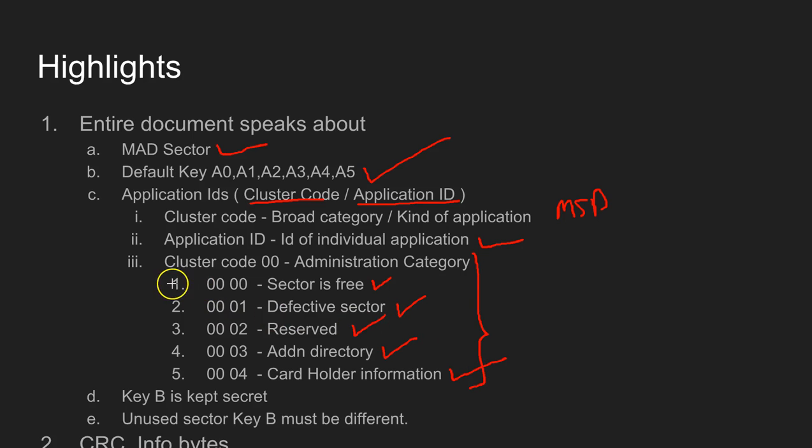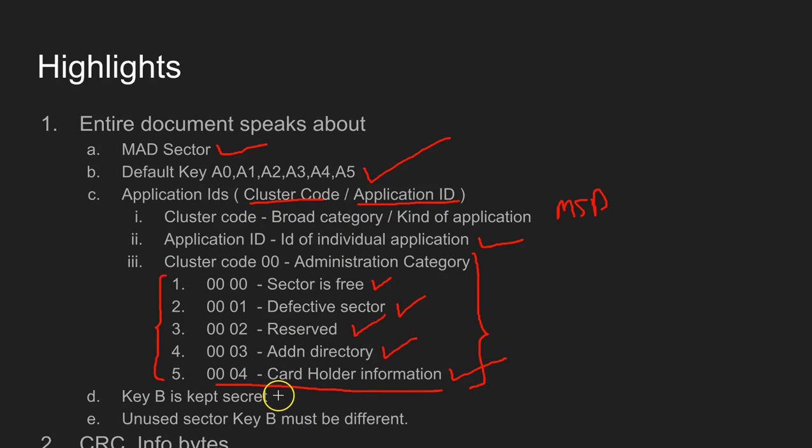Now you need to know all these things only if you want to adhere to these standards. For example, I can have an application ID 0004 and keep the information about the card holder, the name of the person, his address, age, and so on.